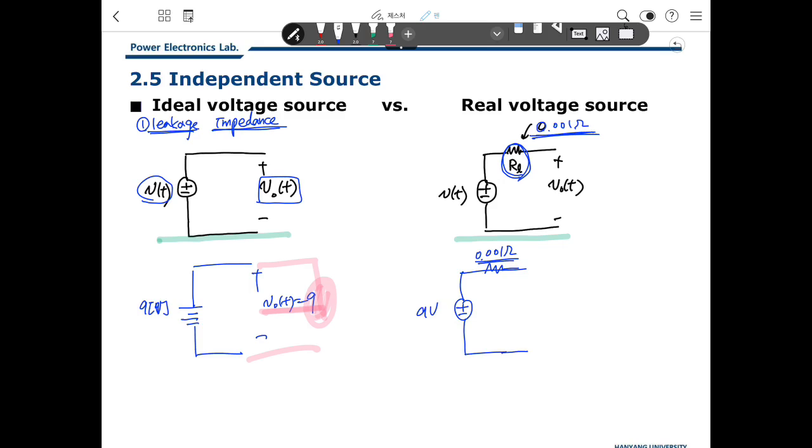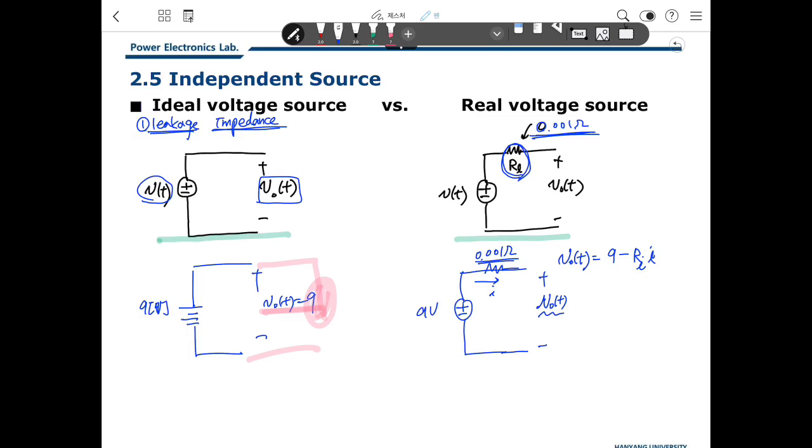But when it is open, that means no load and no resistor, then how much is I? I is 0. Then VT, the voltage value we can measure at the terminal of the battery, is 9 minus R leakage multiplied by current.